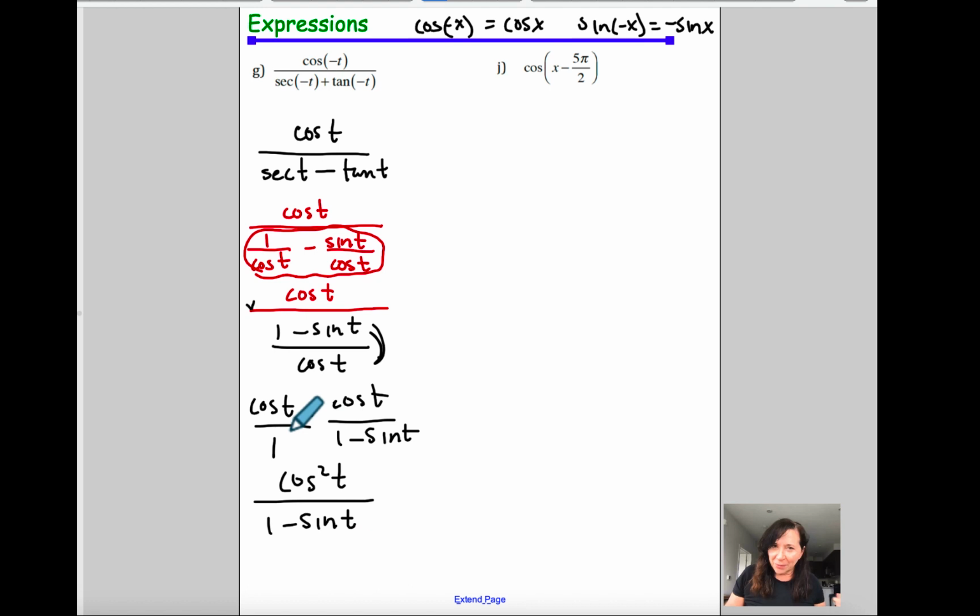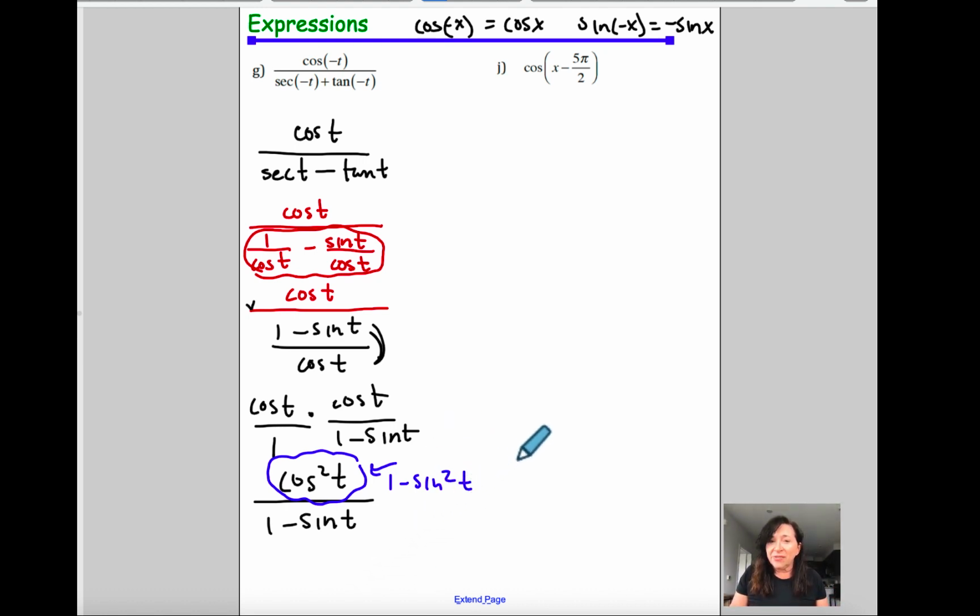This is like the never-ending problem. Because I actually see that this can be replaced with one of my Pythagorean identities, which is sine squared plus cosine squared equals 1. And so that means that cosine squared is equal to 1 minus sine squared of theta, which, remember, is a difference of 2 squares.